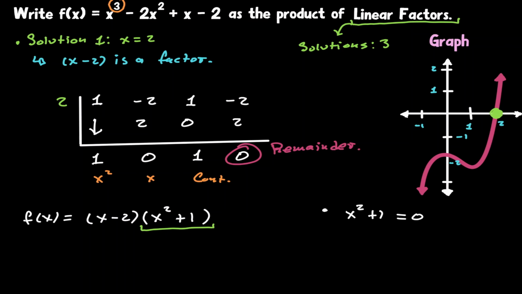We can move 1 to the left-hand side, so we're going to get x squared equals negative 1, and we can take the square root of that, and now we're going to get our 2 solutions. x equals positive square root of negative 1, and x equals negative square root of negative 1. But the square root of negative 1, we can just write down as i. So therefore, our other solution is negative i.